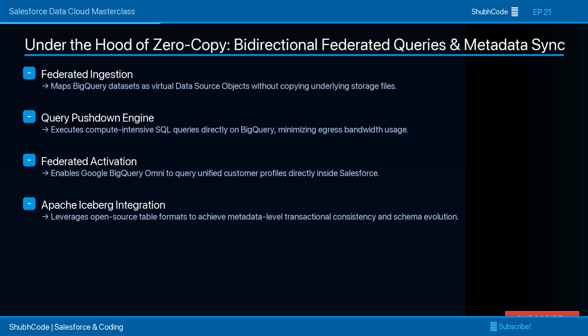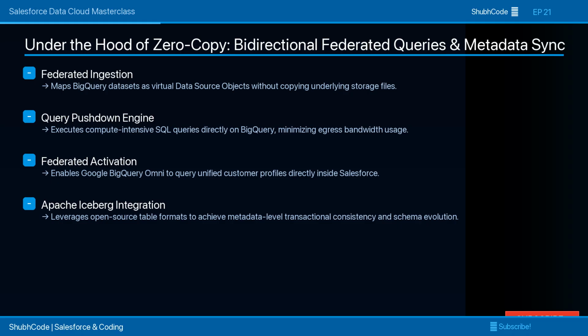Instead of copying the data files, Data Cloud maps the schema and coordinates metadata registration. When an API or a calculated insight requests this data, Data Cloud dynamically pushes down a SQL query to BigQuery. BigQuery executes the compute on its own engine and returns only the processed result set to Data Cloud.